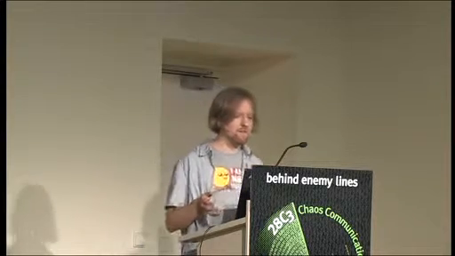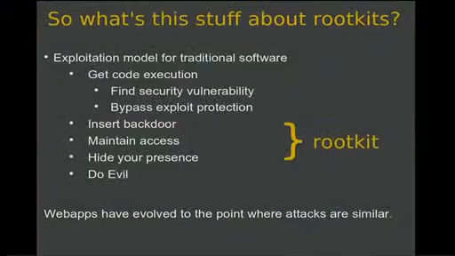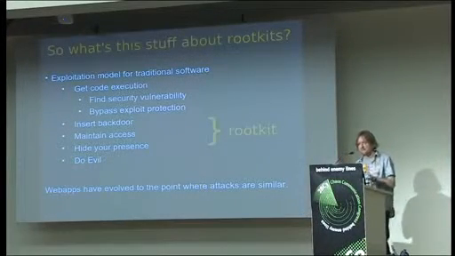I mentioned before that this talk isn't really about rootkits, because in traditional client-side software, the way you have malware running on users' machines is that first you find a code execution vector, so you find a bug, or you entice a user to click on your executable and fool them that way. If you actually find a vulnerability, you have to bypass ASLR and DEP and stuff like that.